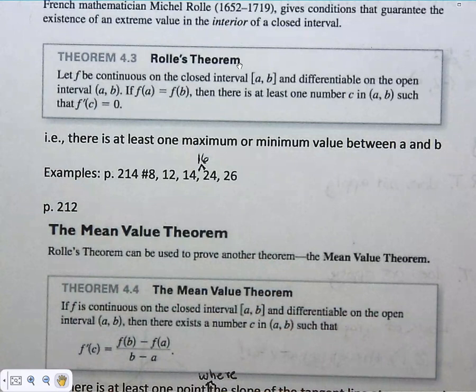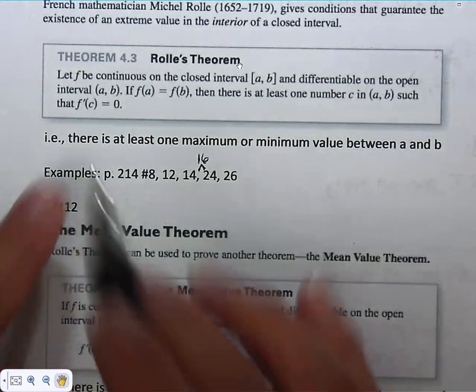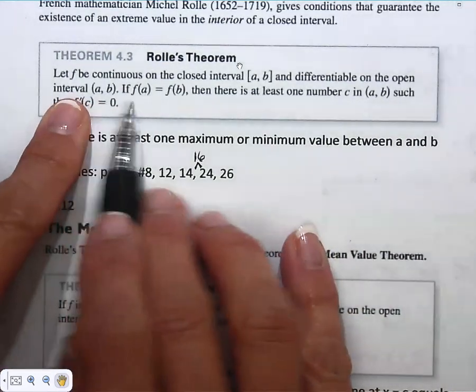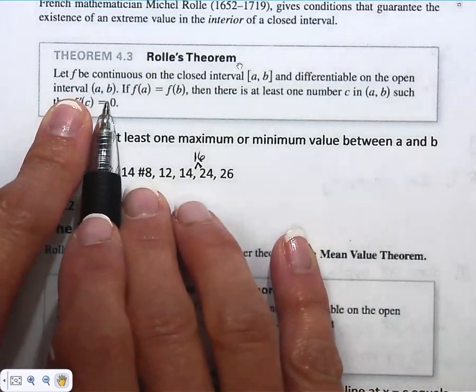By using an open interval rather than a closed interval, that's saying don't worry about the derivative from the left as x approaches a, and don't worry about the derivative from the right as x approaches b. We don't have to be differentiable at the endpoints, just everywhere in between those endpoints.